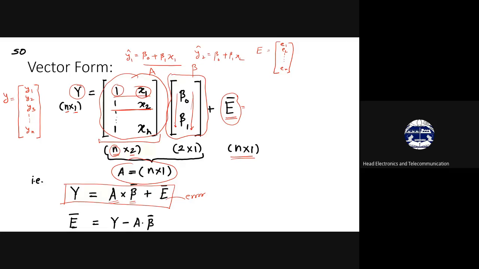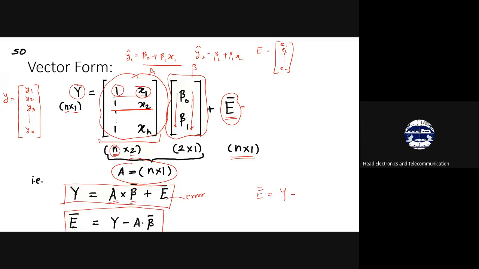So error, I am interested in error. So what I do is just swap these variables. Error is now defined as Y minus A into beta. Remember, whenever I write a capital letter, it stands for a matrix or a vector.